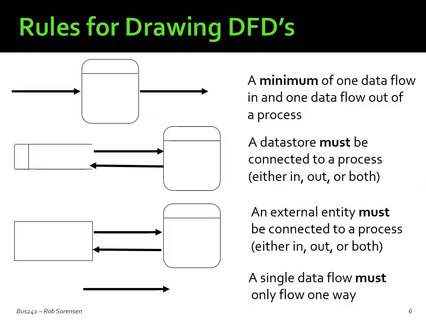So a couple basic rules you can always follow to help you out. There should be a minimum of one data flow in and one data flow out of a process. All right. There could be more than one. You know, we could have data flowing out and going somewhere else as well, but there's got to be one in and one out.